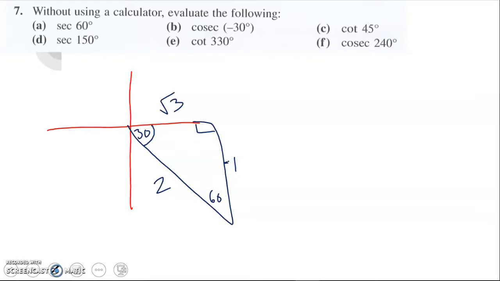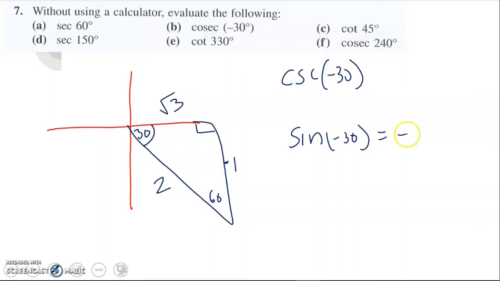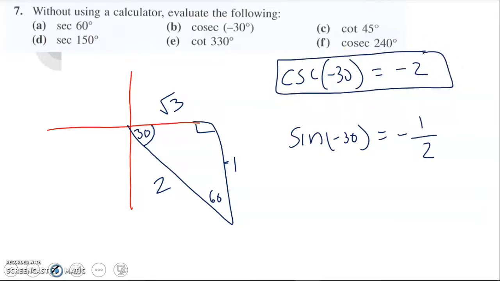Alright, so cosecant. What is cosecant in terms of this? Well, find what sine is first, and then you can help determine what cosecant is. Sine in this case is just negative 1 over 2. That means cosecant would just be the inverse, which is just negative 2. Okay, so these are pretty easy. We've done these before.